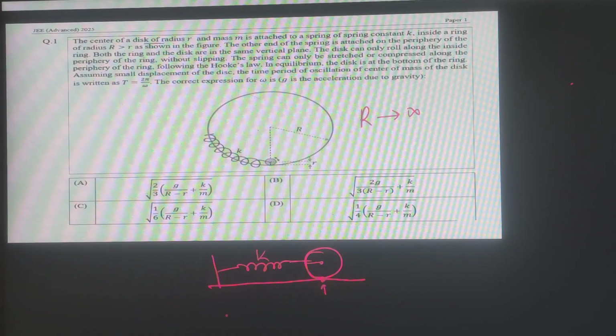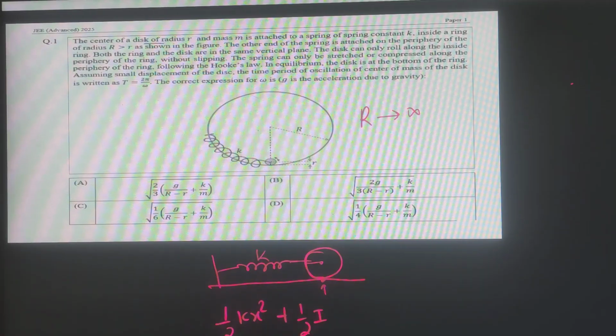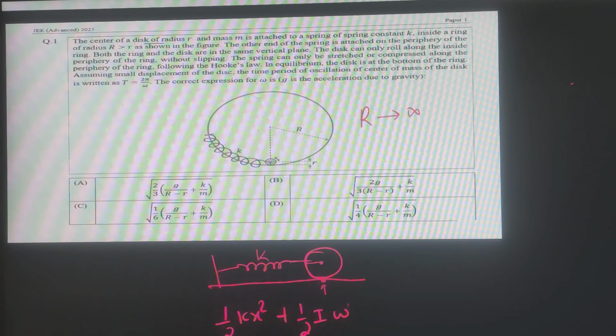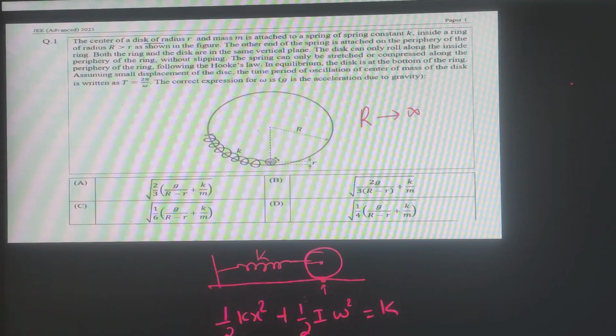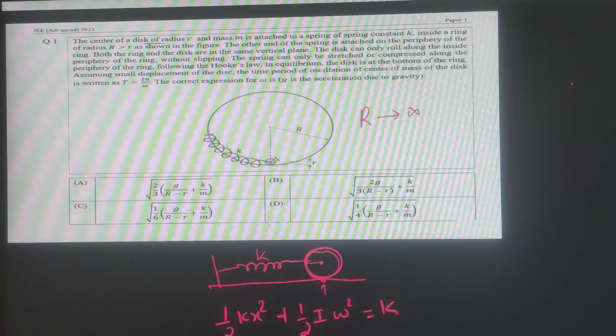So let me write the total energy, which will be half kx square plus half I about the instantaneous axis of rotation into omega square, which should be constant. Here my x will be r theta. If I deflect this disk by an angle theta, the displacement x comes out to be r times theta.